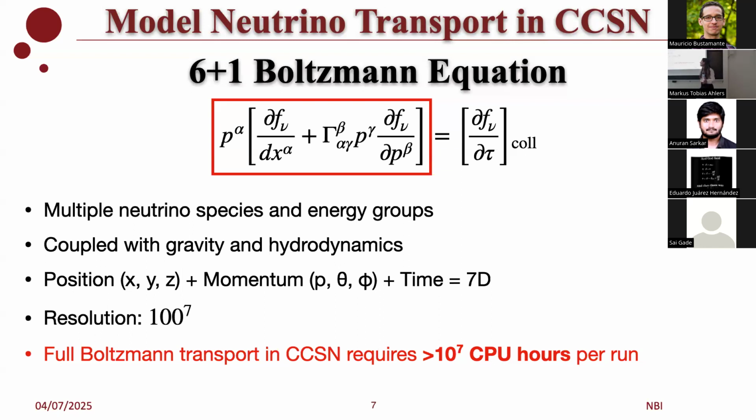Let's say, to give you a rough order of magnitude estimate, if we want around 100 beams, for example, in each direction, then we are already talking about a domain that is 10^8 in size. So full Boltzmann transport in core collapse supernovae roughly takes 10^7 CPU hours per run.